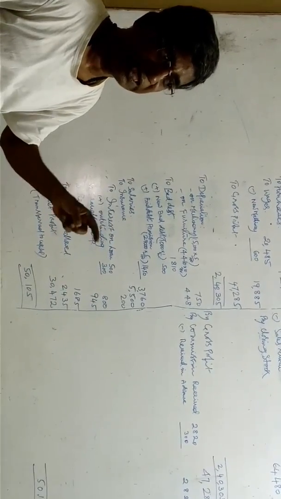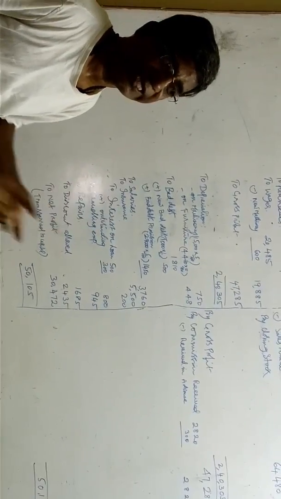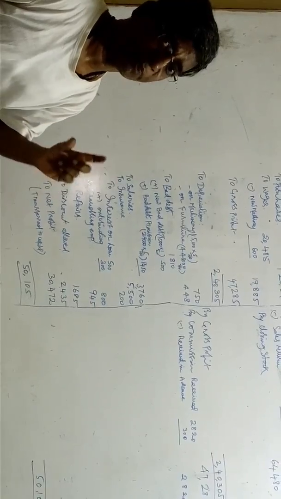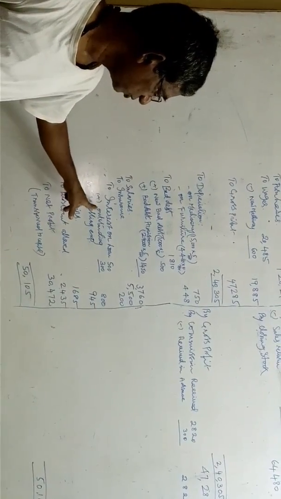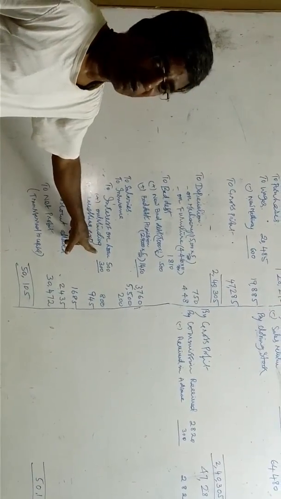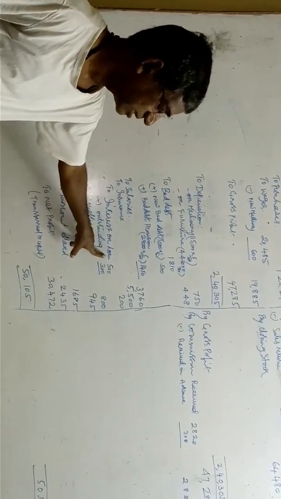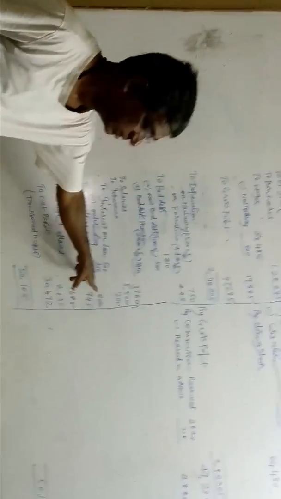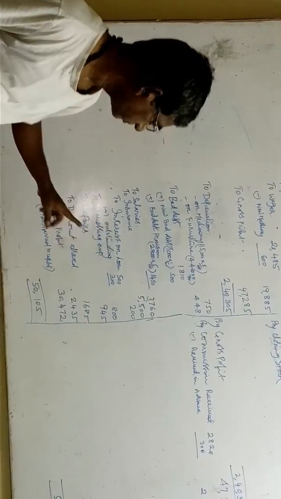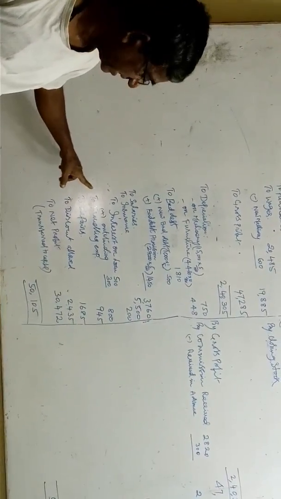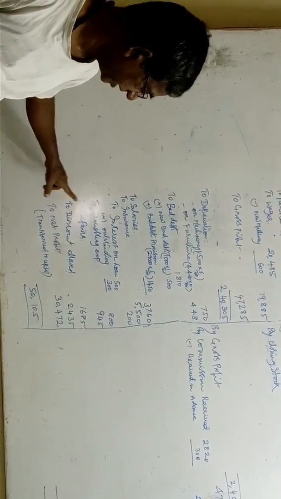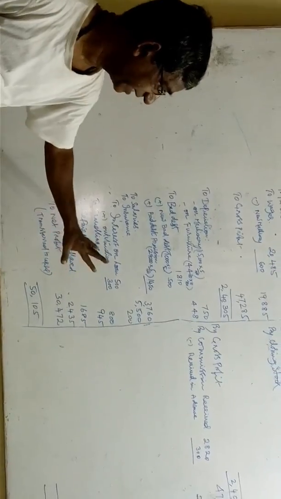That means the remaining 300 is considered outstanding. Outstanding means it is payable, so payables should also be considered along with the interest on loan. So that should be taken as 800. Then all other expenses, traveling expense, repairs, discount allowed are to be taken.